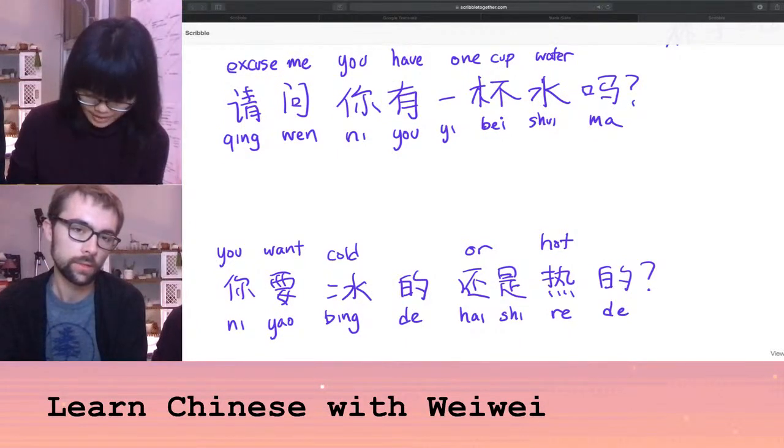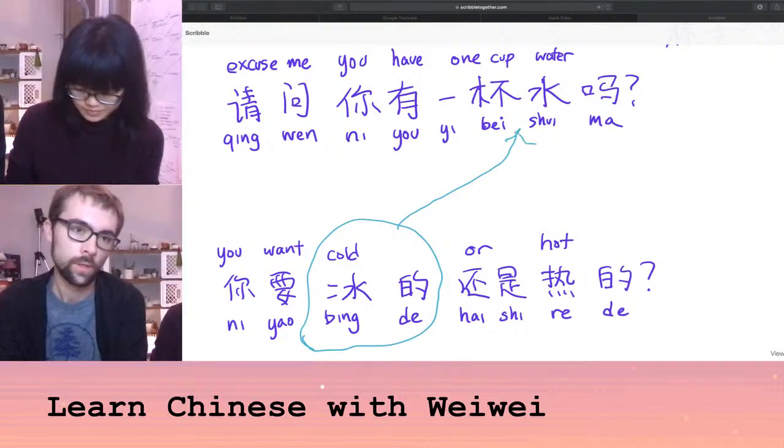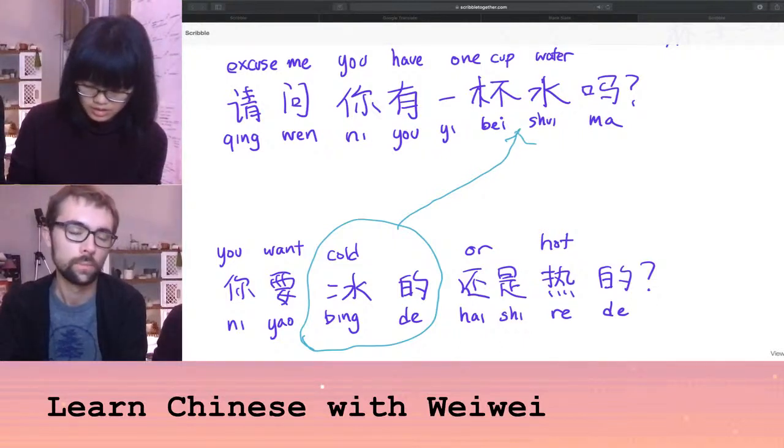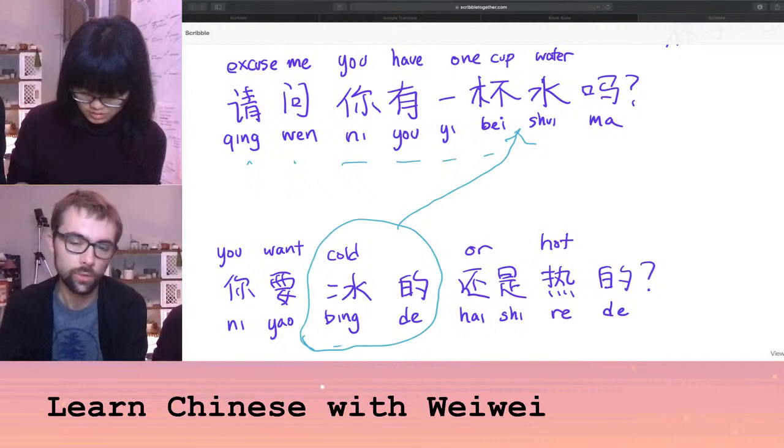Yeah, just put it in there. So I would grab this part and move it right here. 请问你有一杯冰的水吗? Yeah.